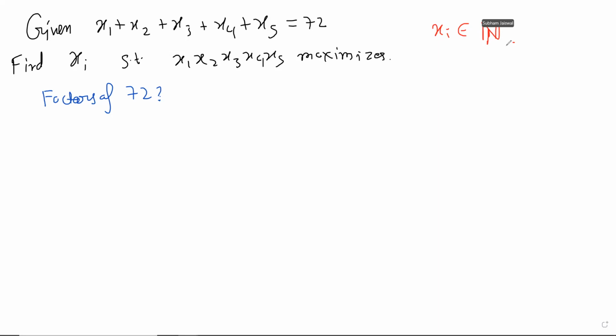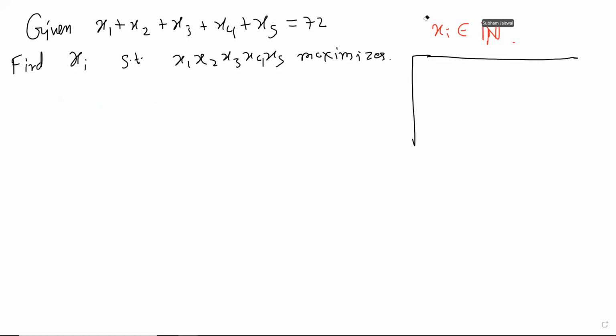Okay. So how should you choose the xi so that the product maximizes? Why don't you try with smaller numbers? Did you try with smaller numbers? Okay, then just wait.